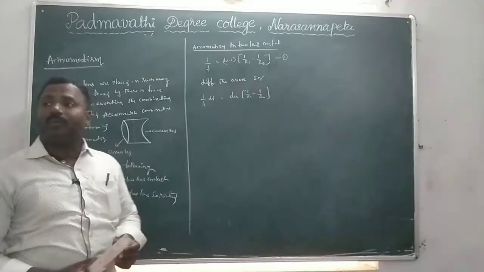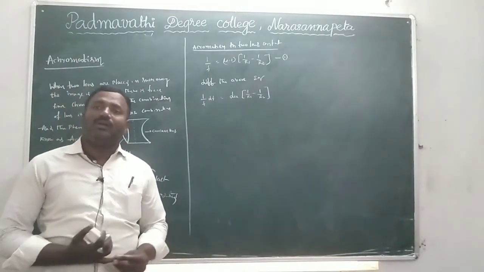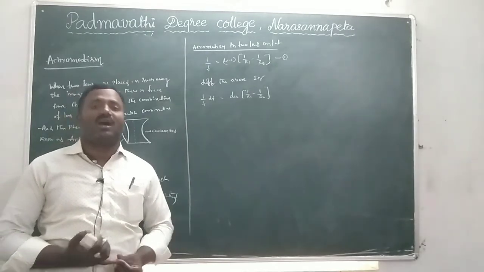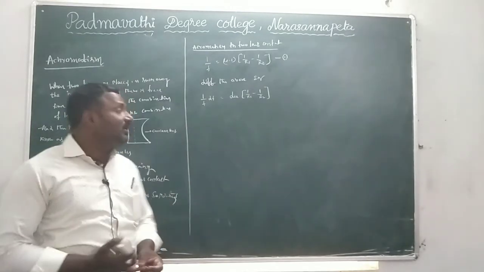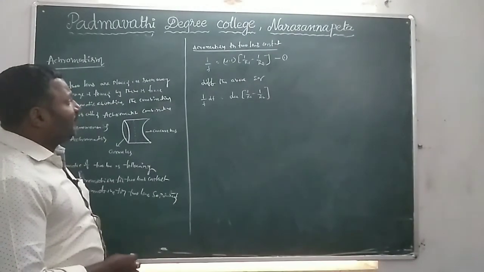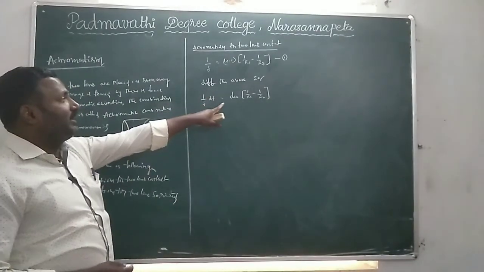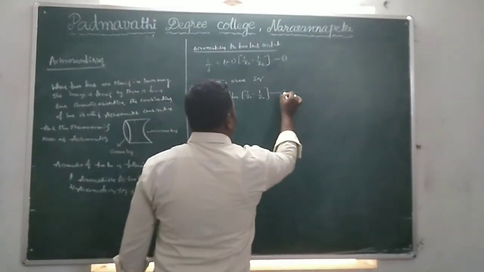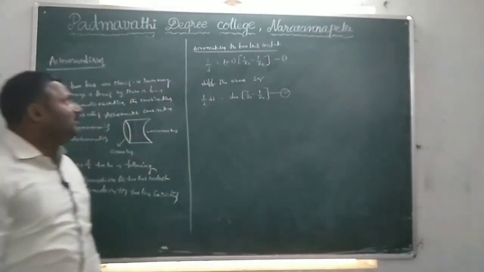Here f is the focal length, and r1 and r2 are the radii of curvature of the two lenses, convex and concave. This is equation 2.